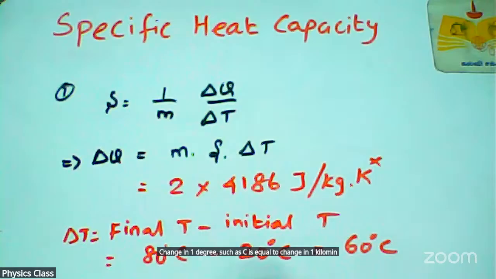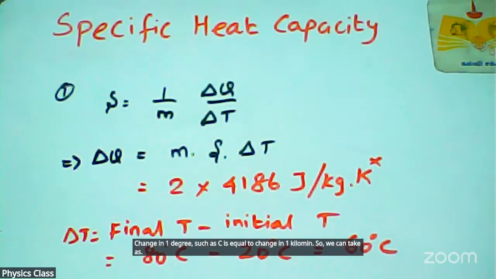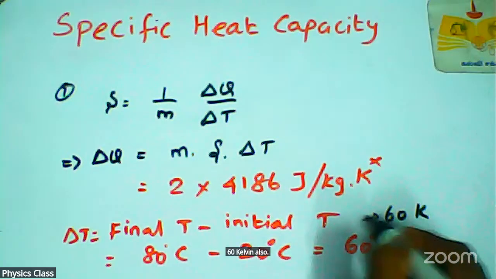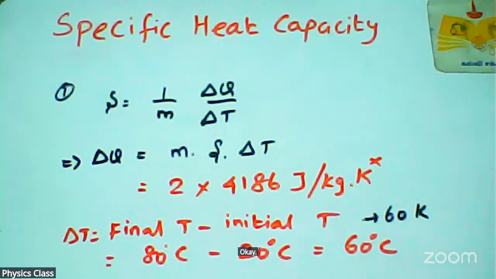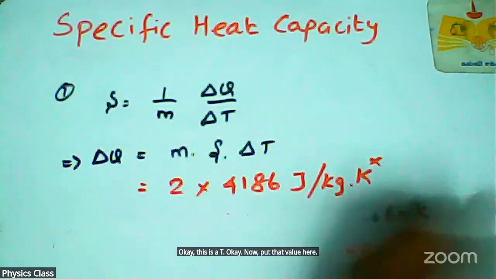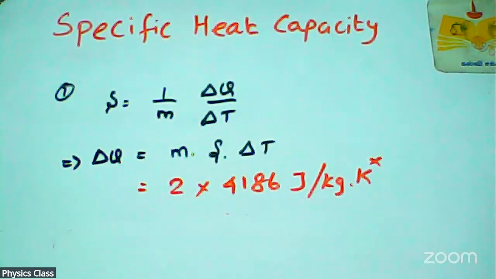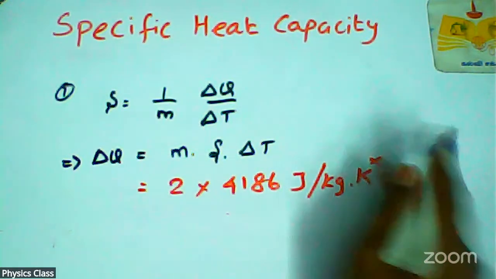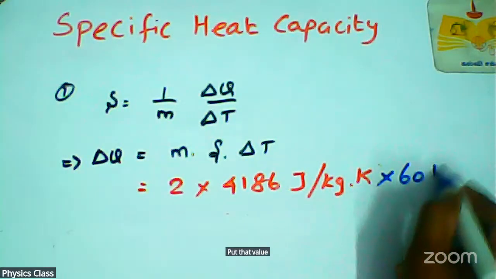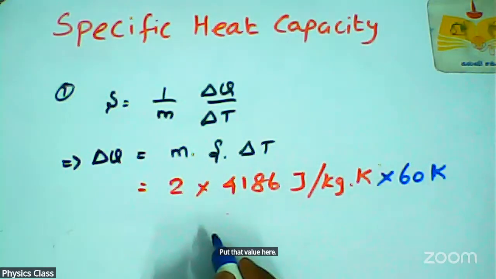So we can take it as 60 Kelvin also. This is ΔT. Now put that value here, 60 Kelvin.